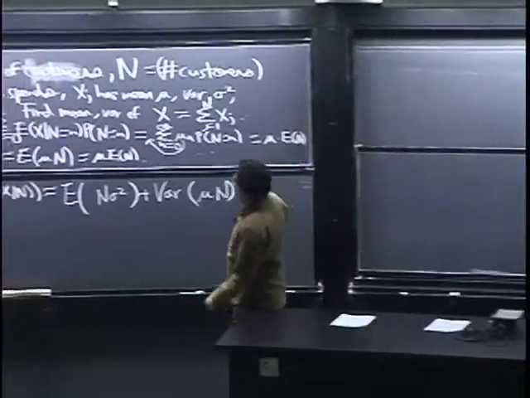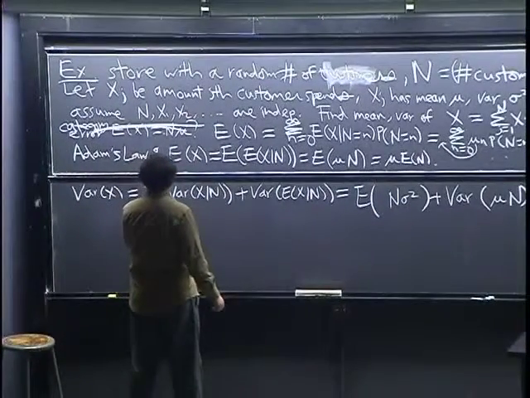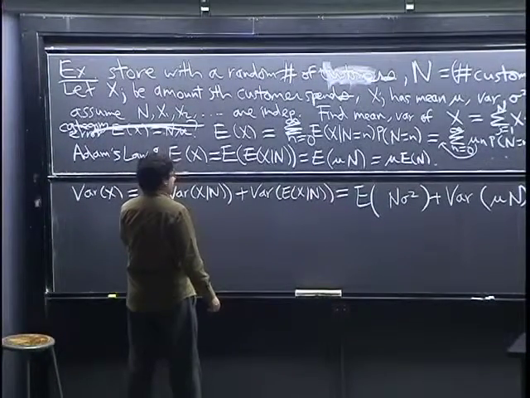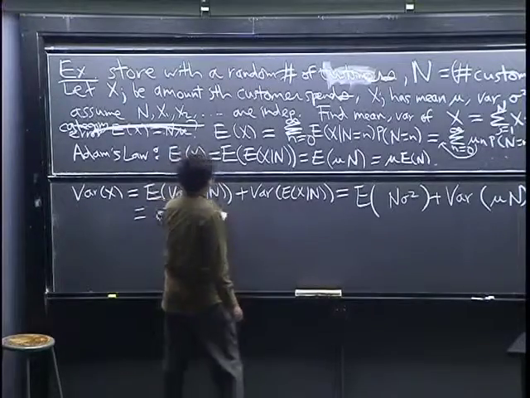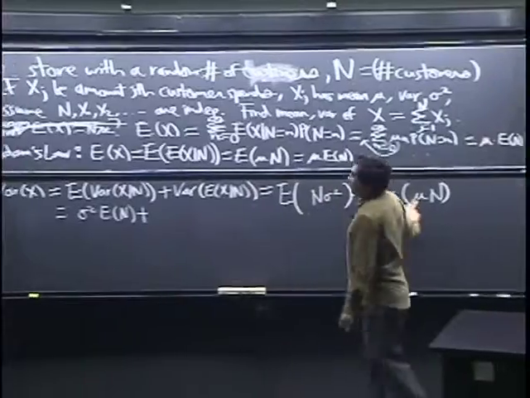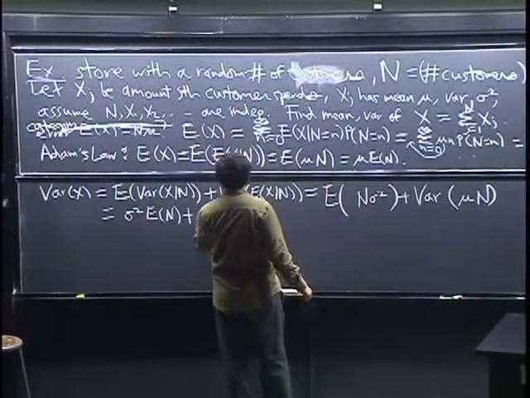Okay, and then to simplify that a little bit, we can take out the sigma squared. So this is sigma squared times E of n plus, and then the mu comes out squared, so it's mu squared times the variance of n.